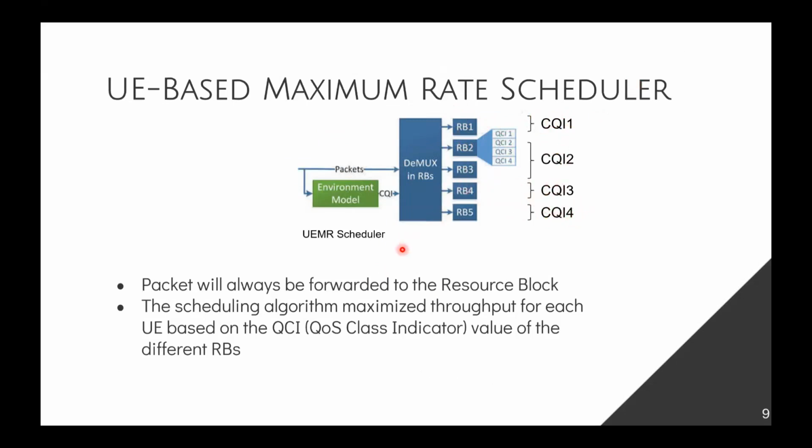The packet will always be forwarded, and in each resource block, there is some kind of level named QoS class indicator. For each QoS class indicator, the packets will be similar to the proportional fair scheduler. So the first one will get 4 packets sent, then 3, 2, and 1. That's it.